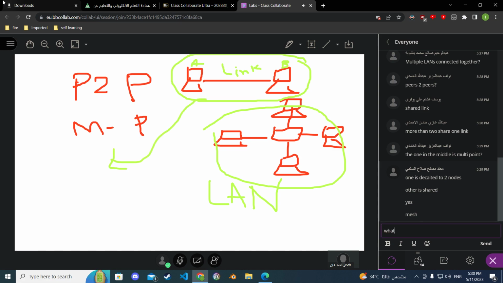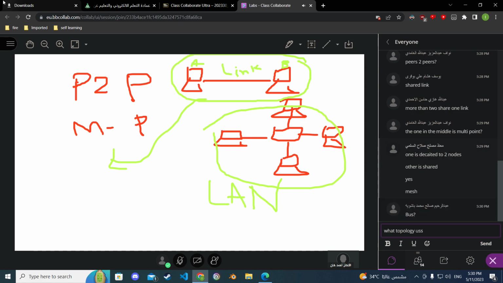So any example of a point-to-point link, any real-time example? Bus. In a bus, if there are two devices, then we can say that. Another example: we have a TV at home, and there is a remote.